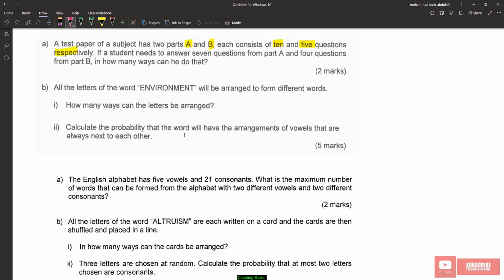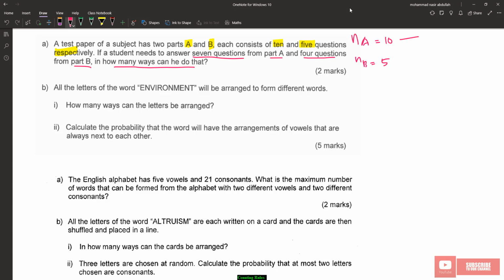Means that part A, NA equal to 10 and B equal to 5. If a student needs to answer 7 questions from part A and 4 questions from part B, in how many ways can he do that?